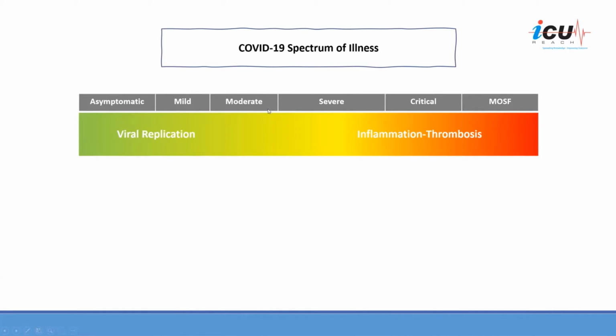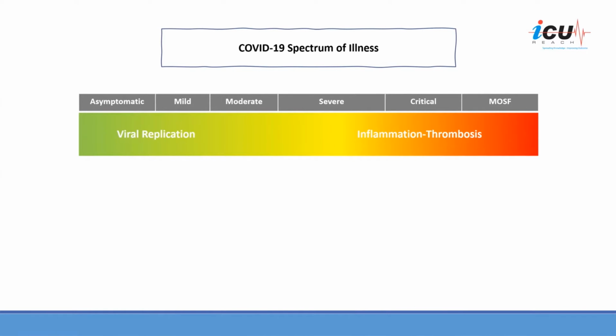When we start seeing the severe disease, at that time we start seeing some inflammatory reactors. We start seeing also some thrombosis. And when we go into more critical, I think the predominant phase would be inflammation and thrombosis.